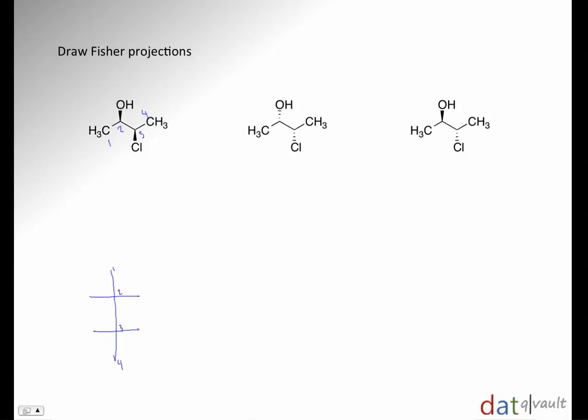Remember that this top substituent is always facing back, and so is the bottom substituent. So if we want to make this molecule look like these 2 methyl groups here are facing back, it might be easiest to draw it something like this.